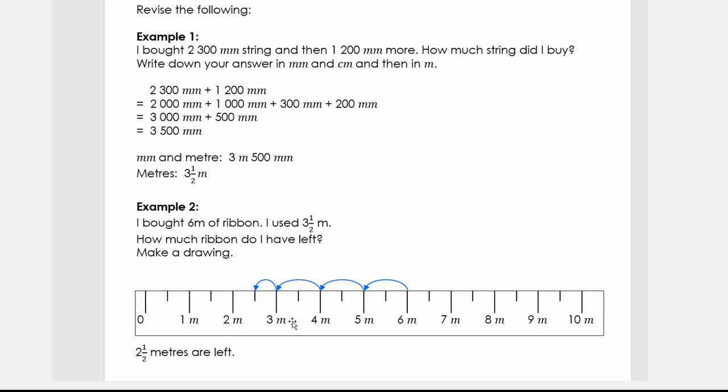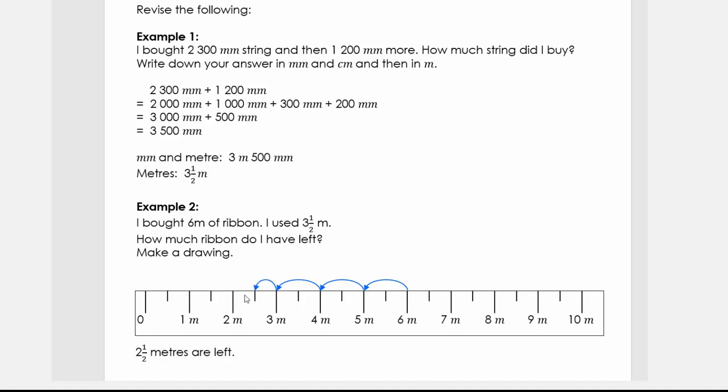In this example I drew a number line that represents meters. I have 6 meters here, and I made markings where the halves will be. I count backwards 3 and then a half. So what do I have left?